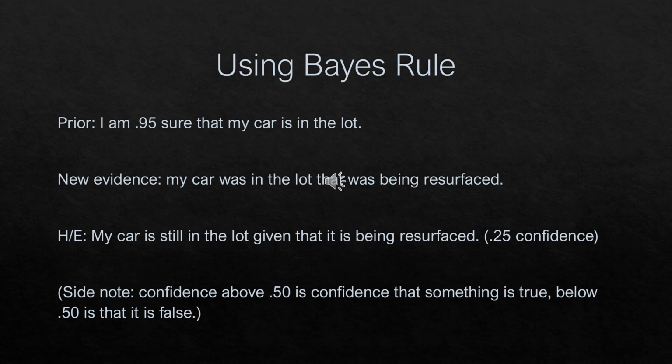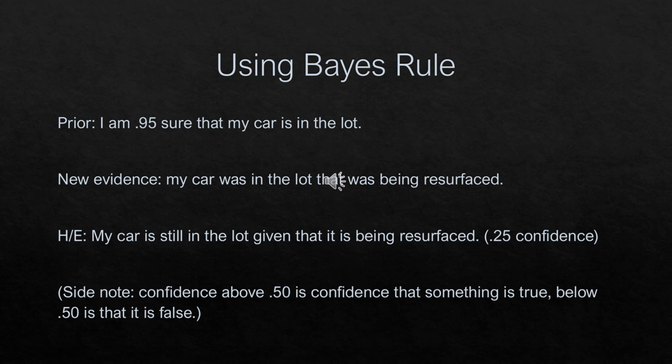Well, what I can do is try to determine what my hypothesis is given this new evidence, right? And that's going to shift. My prior probability was 95% that my car was in the lot. Now my new probability, given this new evidence, is going to change. The hypothesis that my car is in the lot, given that the lot is being resurfaced, is going to drop drastically.